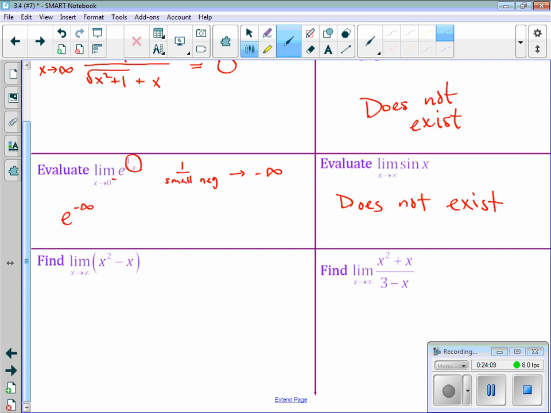So it's like I have an e to the negative infinity. When you have a negative exponent, what's a trick you can do with it? Put it in the denominator. So we got 1 over e to the infinity. E is like 2.7 something. So if you have 2.7 something to the infinite power, isn't it just infinity there? So 1 over infinity is 0.